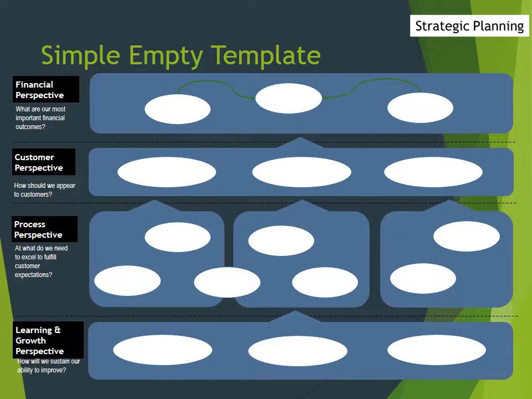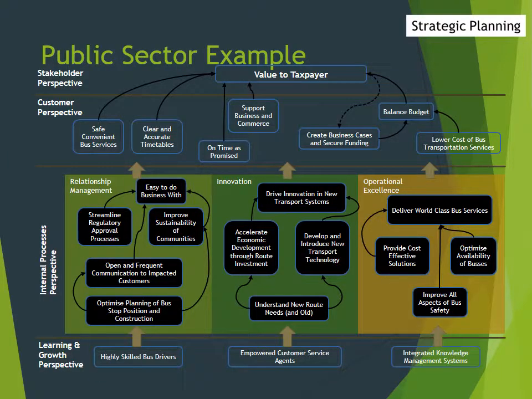And then from the process perspective, what things within the context of the company's organization must we excel at to make our customers particularly happy? And then the learning and growth perspective, how will we sustain our ability to improve, to make our products more and more valuable, to make our customers more and more happy? So we're going to fill out this form for the company we're thinking about working on.